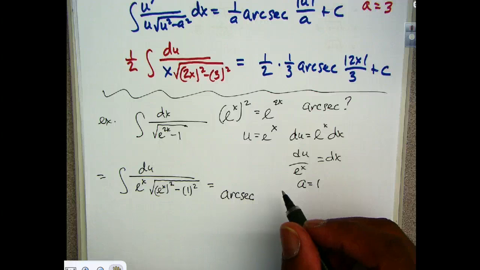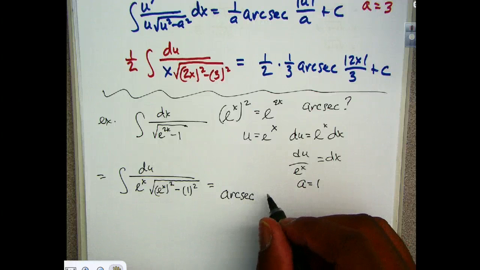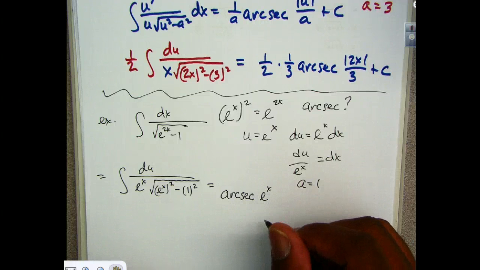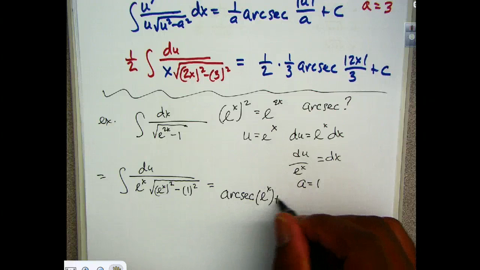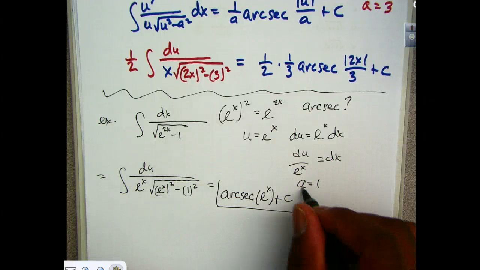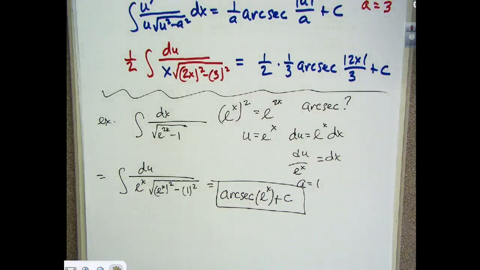And e to the x is always positive, so I don't really need the absolute value. So it's arcsecant of e to the x and then plus c. So that's our answer there. Okay, that was a very interesting problem. All right, let's go ahead and take a look at another example.